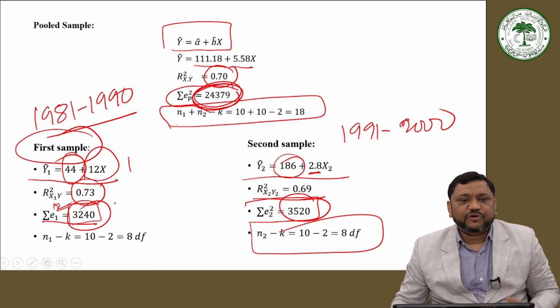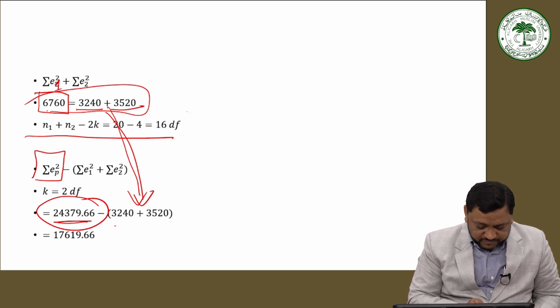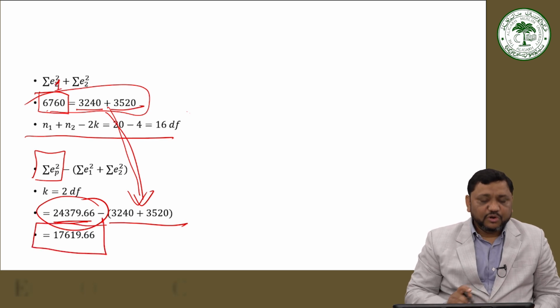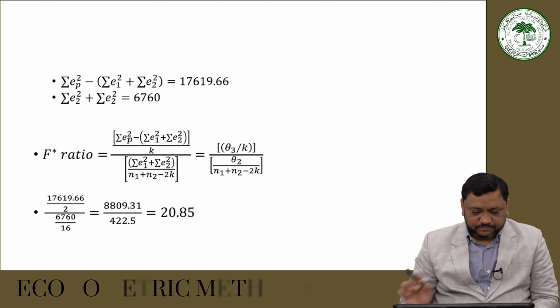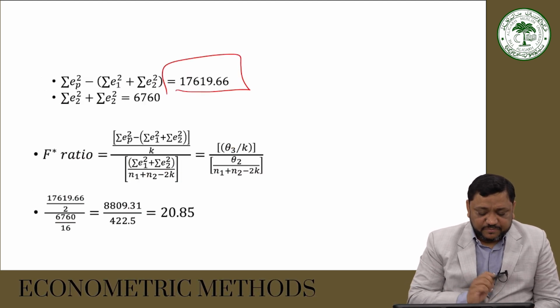So we write 24379 minus the sum of the squared errors of the first equation and the second equation, 6760. So we get a value of 17619, and we write it over here, 17619.